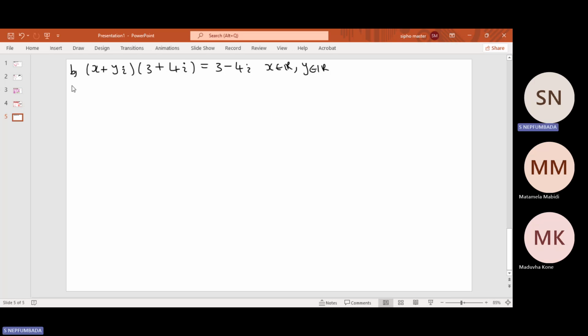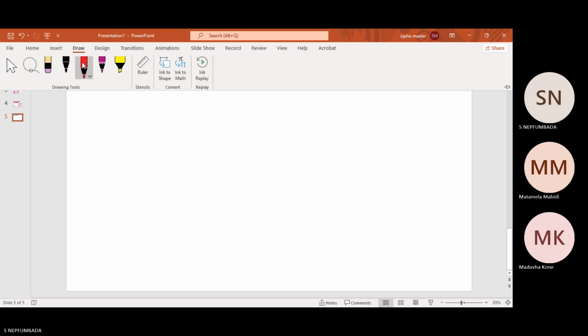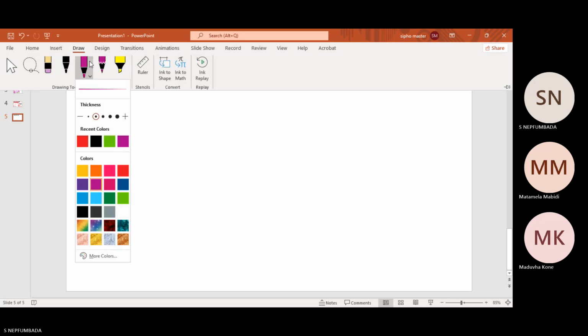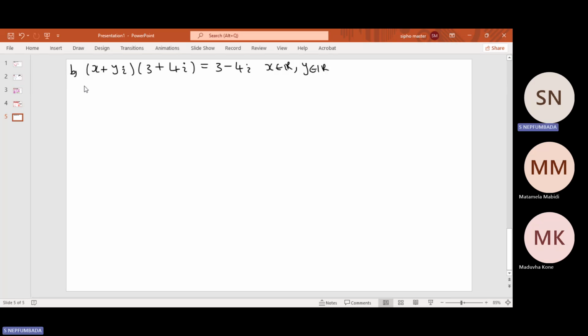Then we're going to remove the brackets. Then this is what? We're going to have 3x, is that so?